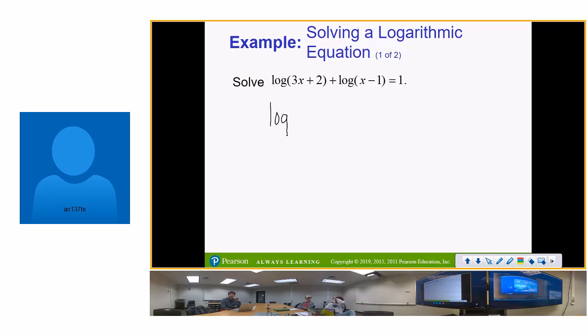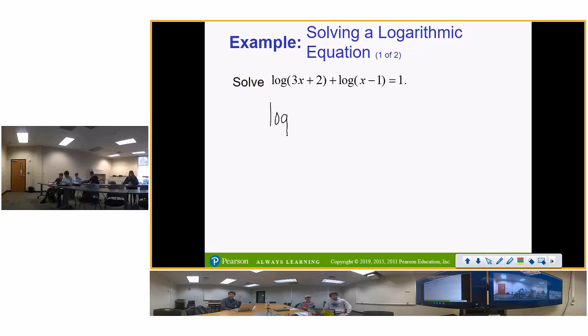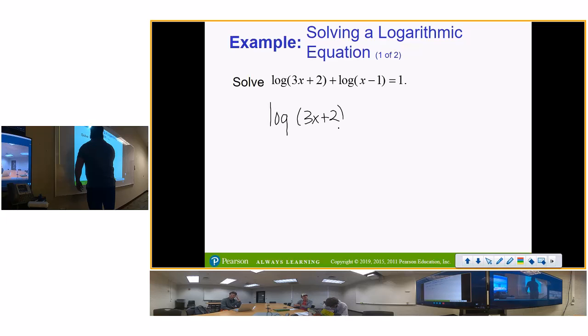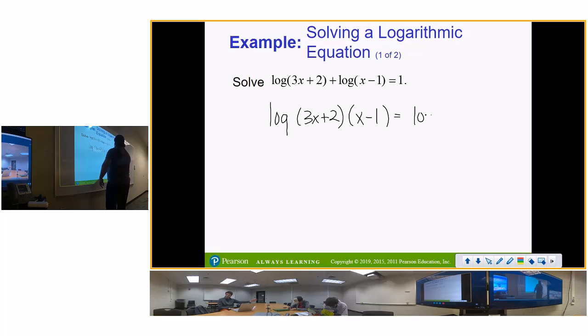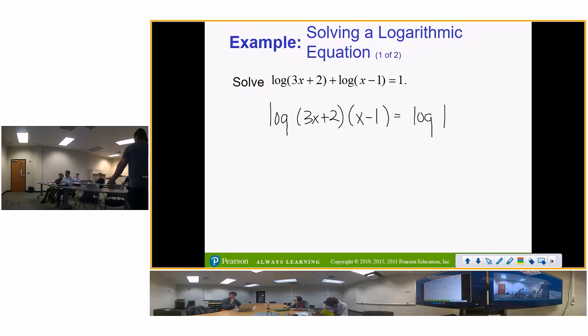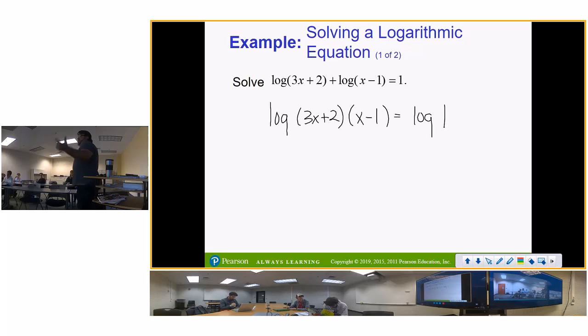Log of what? What do we do here? Log base 3, or log of 3x plus 2 times what? x minus 1 is equal to the log of... Wait, why did I do that? Now I can make them equal to each other, because I took log base 10 of both sides.